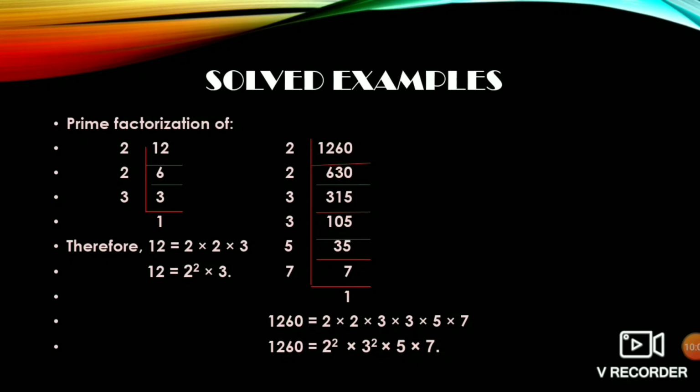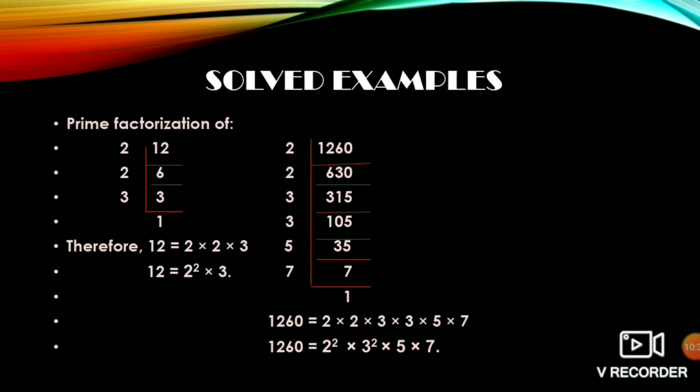Number 12 is first divided by prime number 2 and it gives the quotient 6, which is again divided by prime number 2 and it gives the quotient 3. If we take 2 now as the divisor, it will not divide 3 exactly. That is, the remainder will not be 0.